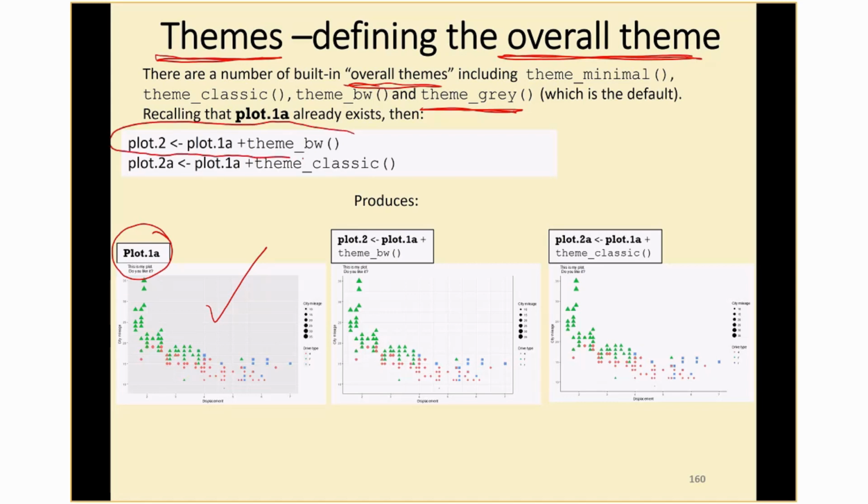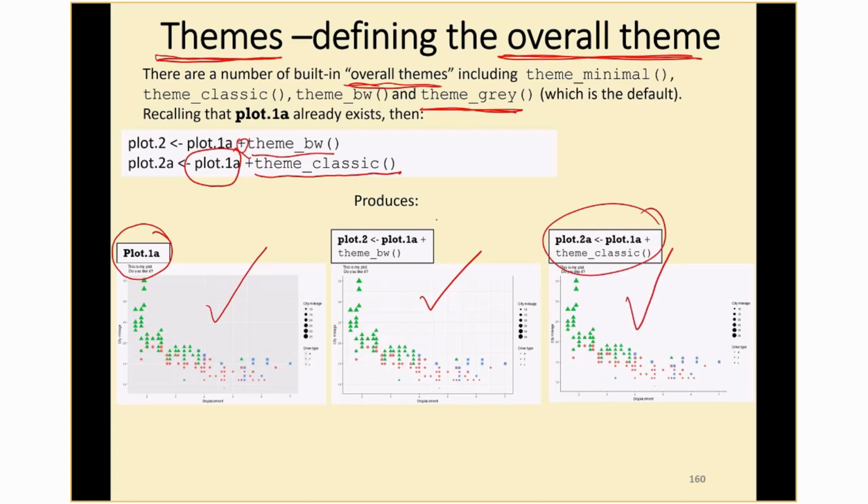a different theme. So we've begun with our plot 1A and created plot 2 by adding to it, with a plus sign, the code theme black white, and that gives us this. Alternatively, starting with plot 1A, we add theme classic, as is shown here, and that gives us plot 2A.